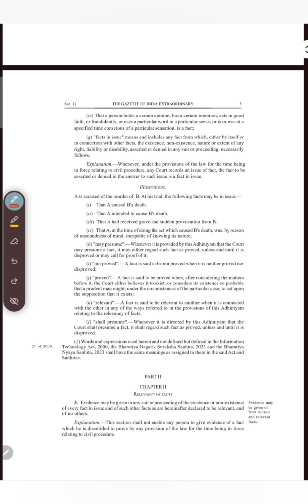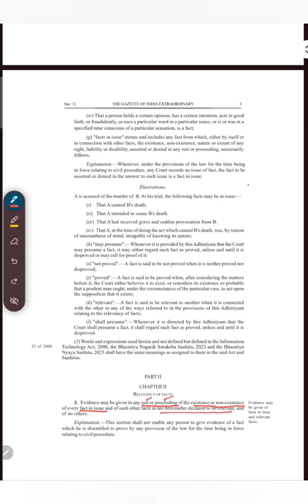Here it is given, evidence may be given in any suit or proceeding. That means it applies in civil suits as well as criminal proceedings, of the existence or non-existence of every fact in issue and of such other facts as are herein declared to be relevant.